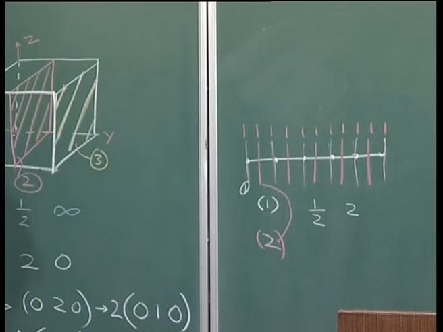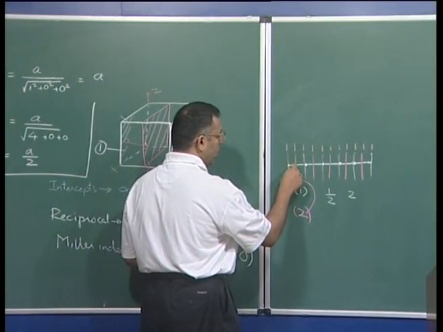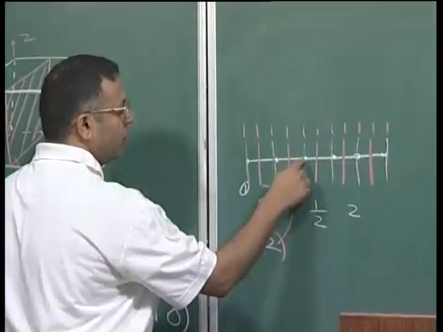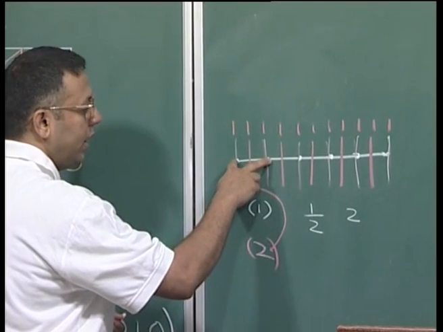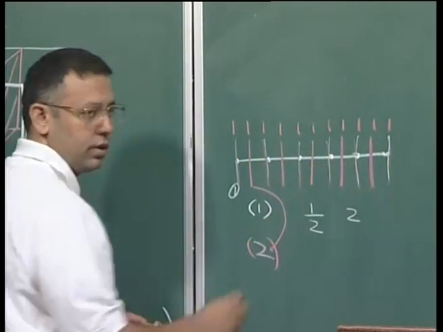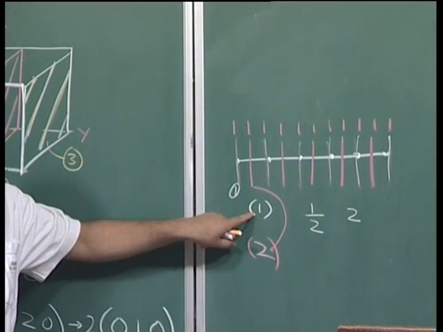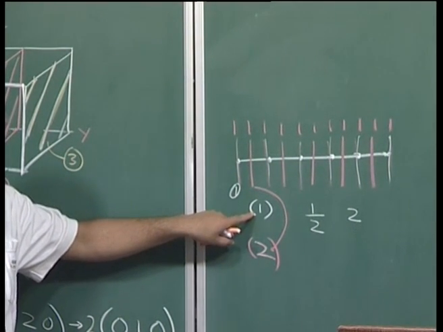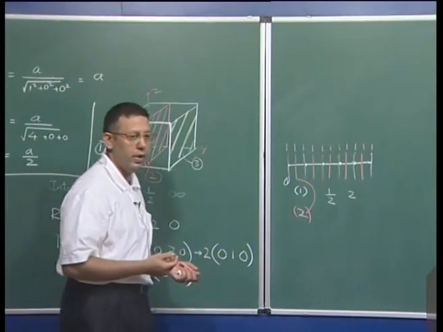As you can clearly see, my red planes are located at 0, half, 1, 1.5, 2, 2.5, etc. But my white planes are located only at 1, 2, 3, 4, etc. That means that the red planes are a superset of the white planes. That means if I just delete half the red planes, I can get the white planes.